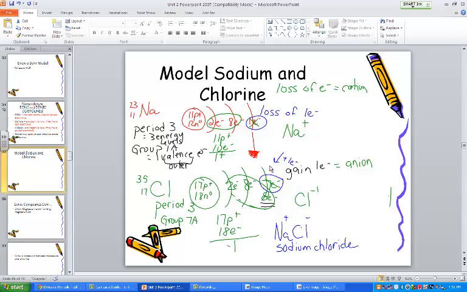Sodium chloride is ordinary table salt. Notice how overall we've built a model that is electrically neutral. Sodium lost 1 to achieve a noble gas. Chlorine took it in to achieve a noble gas. This opposite attraction is known as an ionic bond.